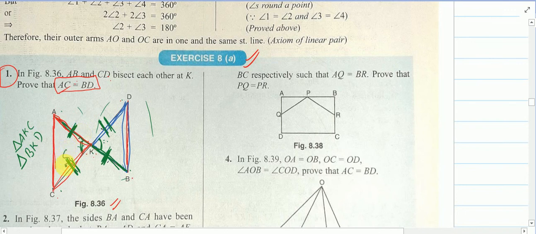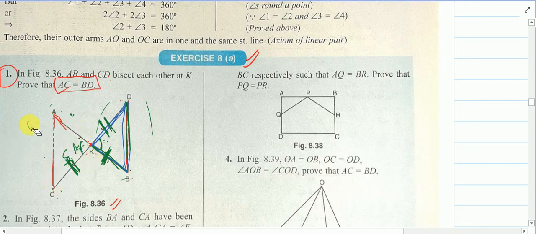So here we have side angle side. Due to this axiom, these two triangles are congruent, meaning they are exactly the same. If they are congruent, then corresponding sides and corresponding angles have to be equal. So now this side will be equal to this side, hence it's proved.